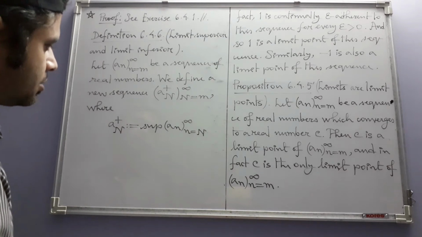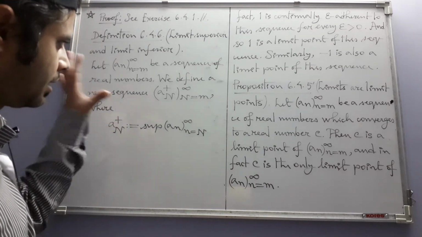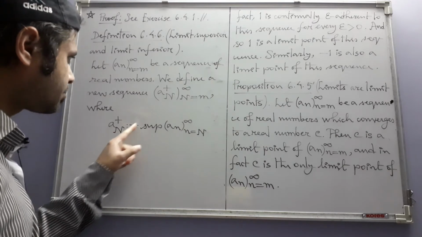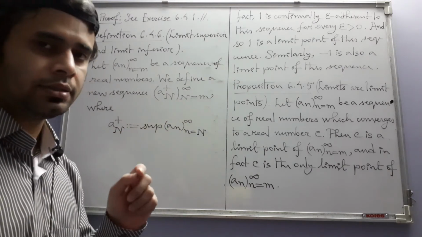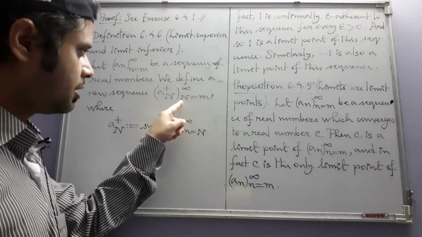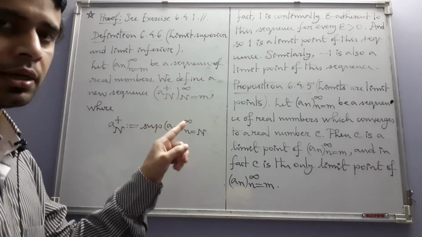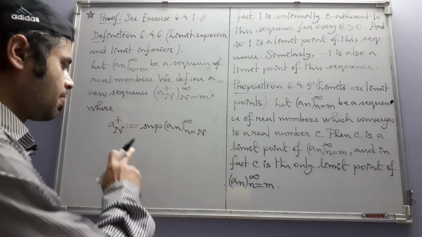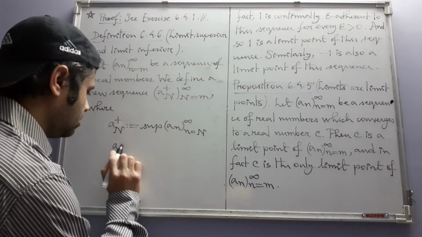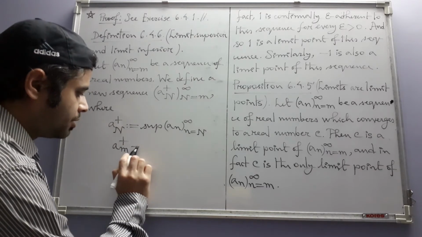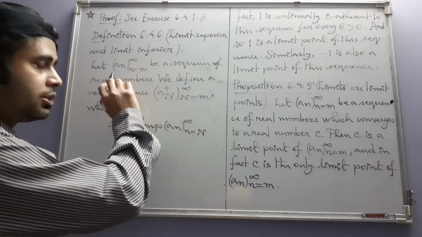So what is this entire thing telling us? It tells us that this capital N is our choice. First we will choose N equal to M. For that choice, a_M plus is actually the supremum of the original sequence.